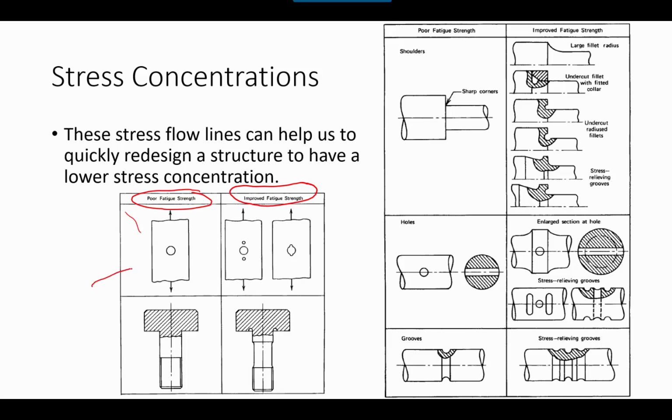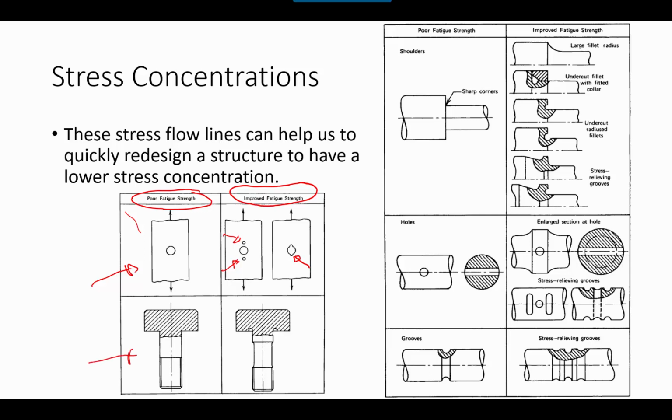Our first example here is a plate that has a center hole. It has poor fatigue strength as is, but we can mitigate it by adding stress relief holes to modify the stress field, or to just have those holes directly modify that circular hole.